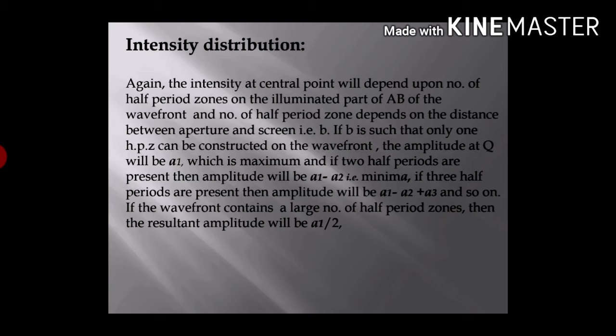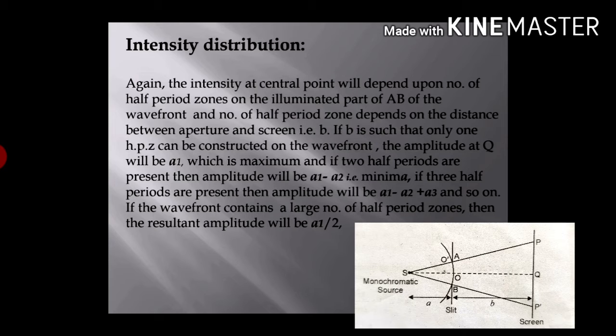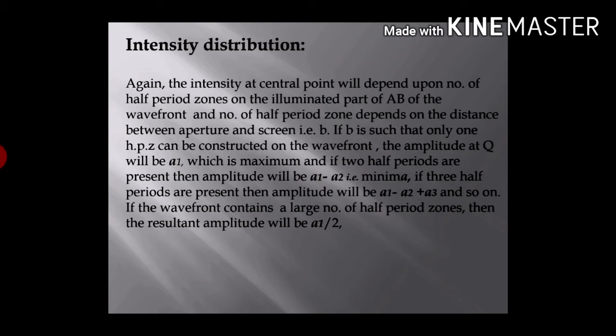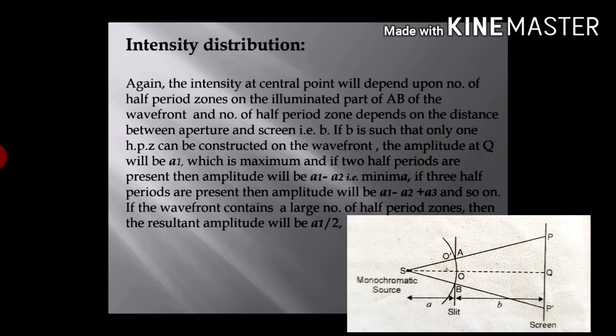Suppose small b is the distance between aperture and screen, and if b is such that only one half period zone can be constructed on the wavefront, the amplitude at Q will be A1. A1 is the amplitude due to the first half period zone, which is maximum. If two half period zones are present, then the amplitude will be A1 minus A2, which is the condition for minima.